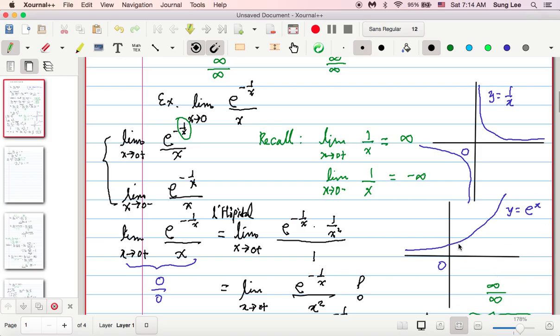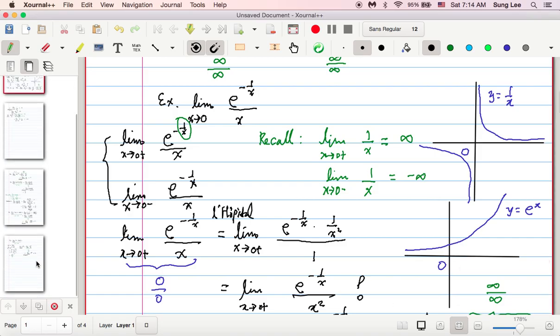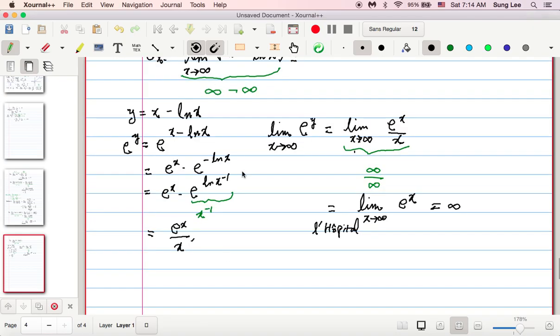When e to the x goes to infinity, x goes to infinity. So in this case, we are using the y variable, right? So since y goes to infinity when e to the y goes to infinity.